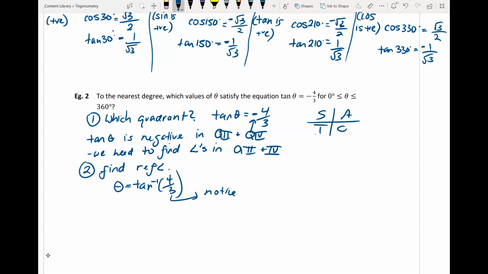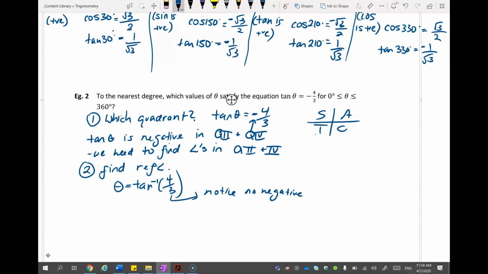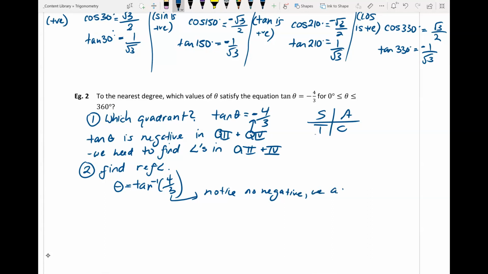We're going to take care of that when we figure out the angles in quadrants 2 and 4. So notice, no negative. You already accounted for this in part 1 of this question.